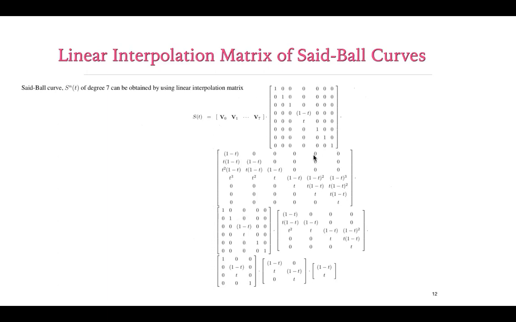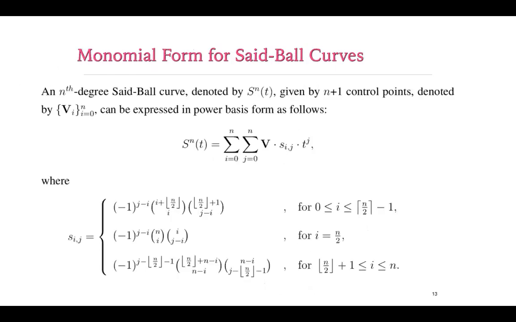They tried to develop another kind of curve and used this interpolation matrix. Sometimes this linear interpolation matrix will show us the interpolation between, how can I say, the basic foundation of the curve. I will talk about this later.